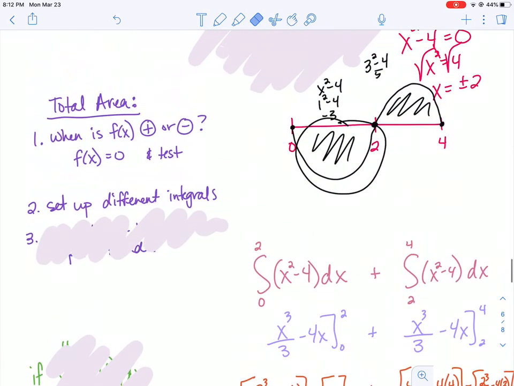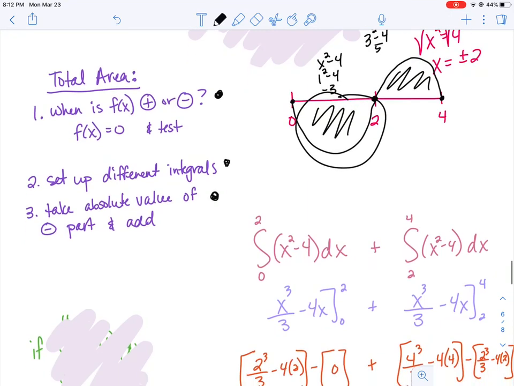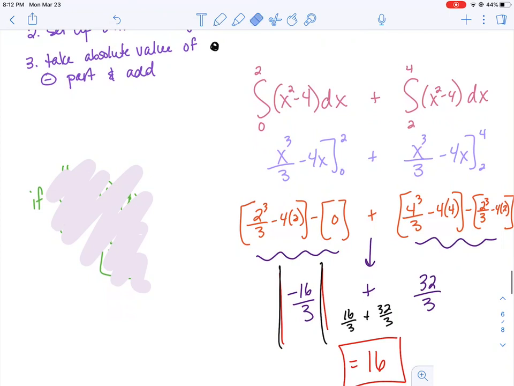But the only way that we were going to get that correct answer is by separating it into two different integrals. Okay? Figuring out when your function is positive or negative, setting up two different integrals, and then taking the absolute value of the negative part so that you can add them together for total area. Okay?